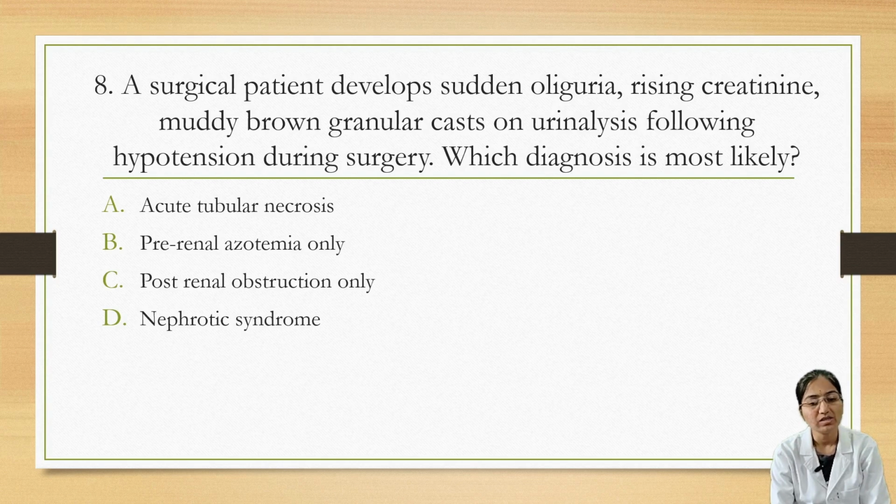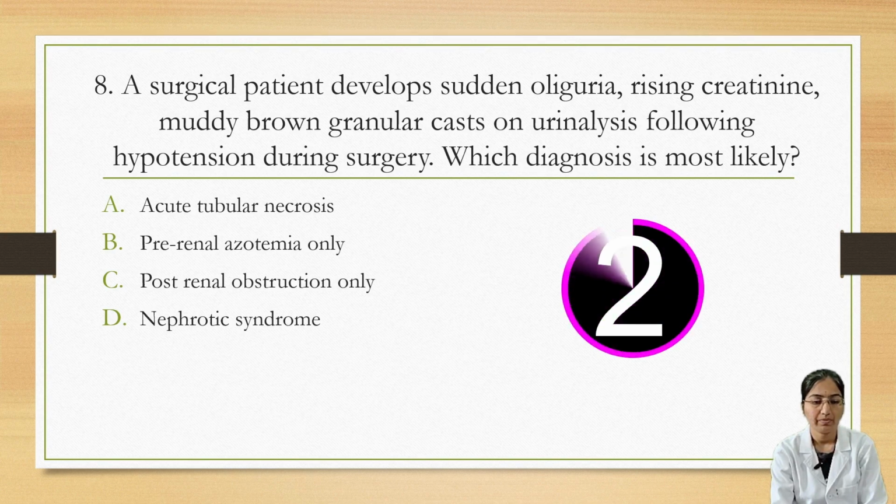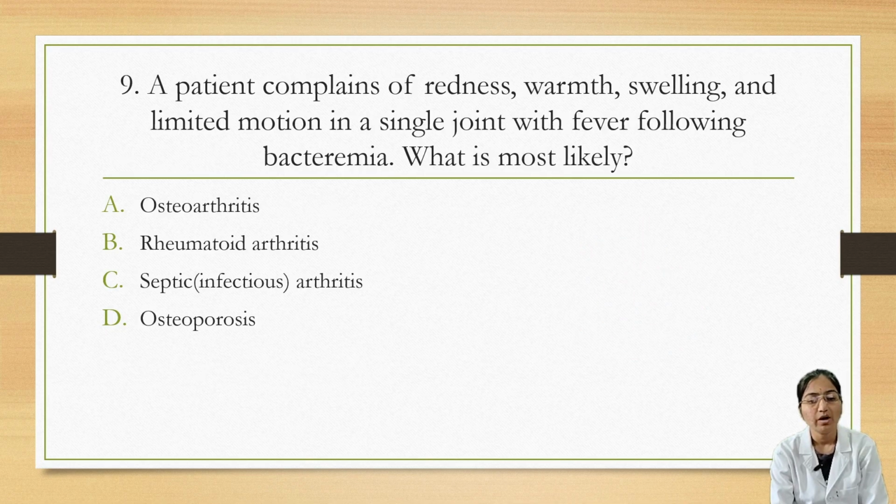Next question, a surgical patient develops sudden oliguria, rising creatinine, muddy brown granular casts on urinalysis following hypotension during surgery. Which diagnosis is most likely? Acute tubular necrosis. Next question, a patient complains of redness, warmth, swelling and limited motion in a single joint with fever following bacteremia. What is most likely?